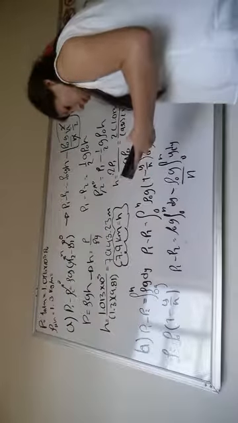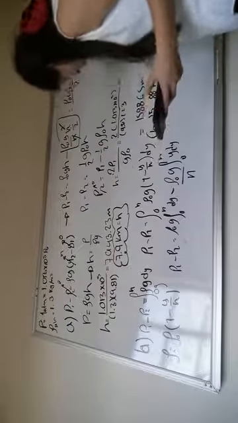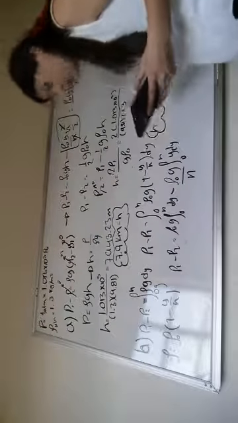If we divide this by 1,000 like in the other, the answer is 15.88 kilometers. So that must be the height if the density changes constantly. So that's all. Bye.